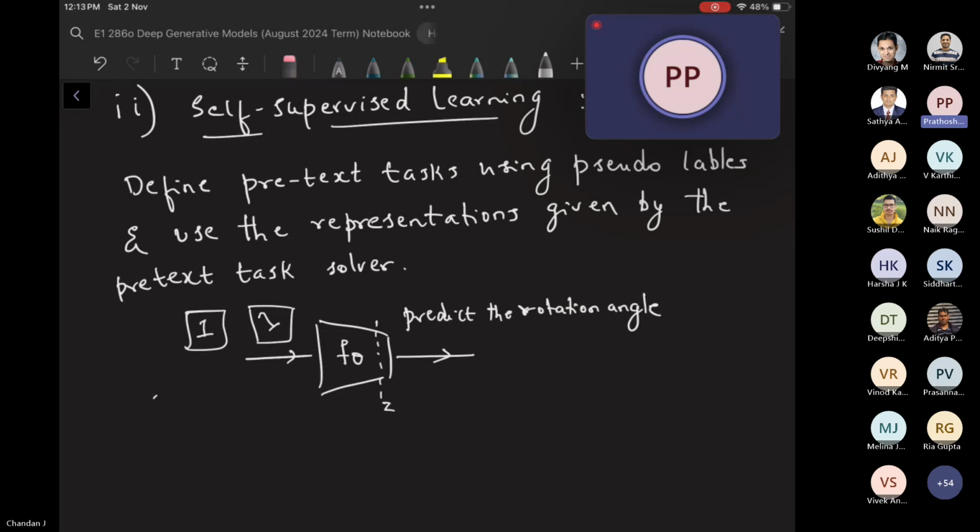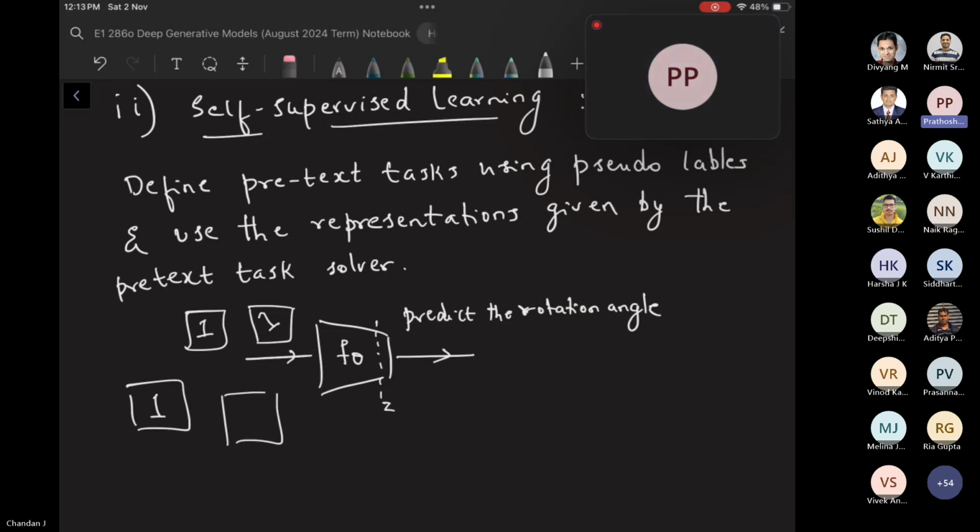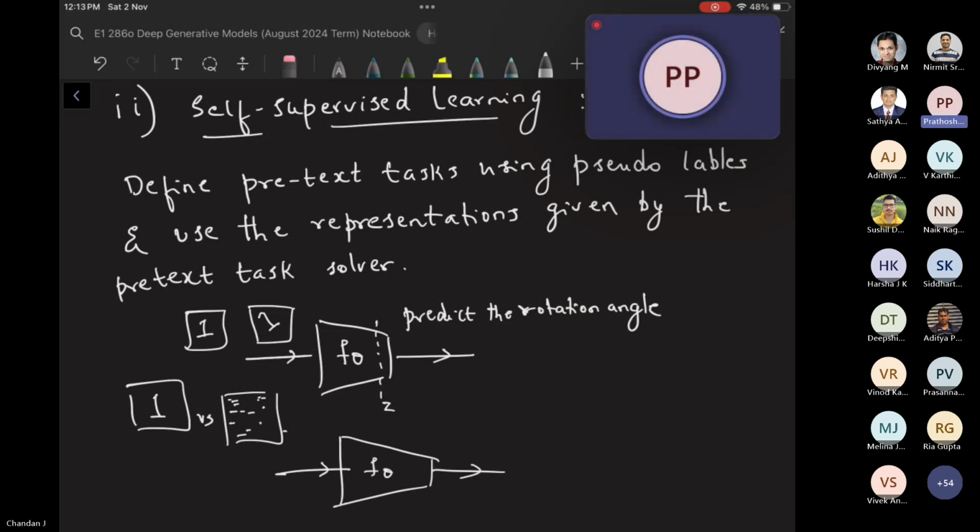The other can be: take this, take noise, and build a network that would classify between noise and data, and use the representations of that.